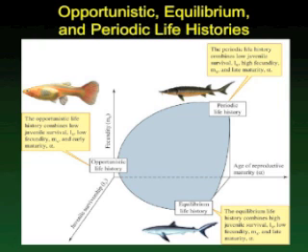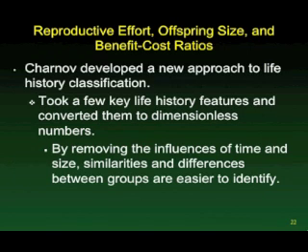The last approach to classifying life histories that we have described in our text was developed by Charnov, and this approach provides what they call a life history cube. By looking at figure 12.24, you can get an idea of how this works.